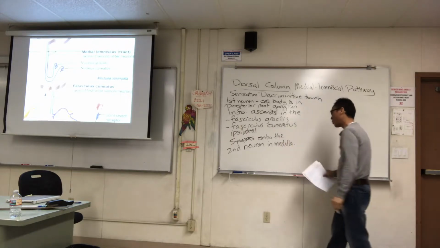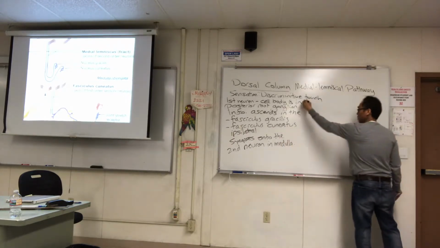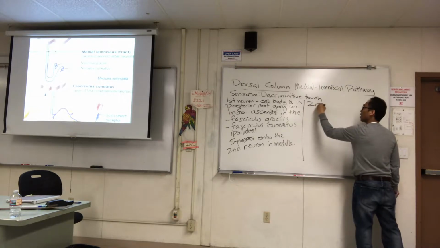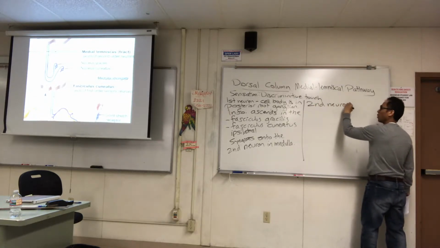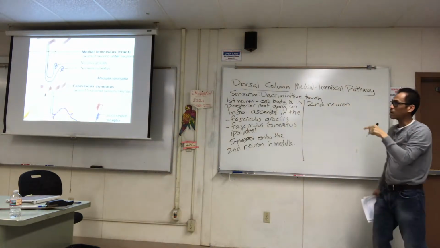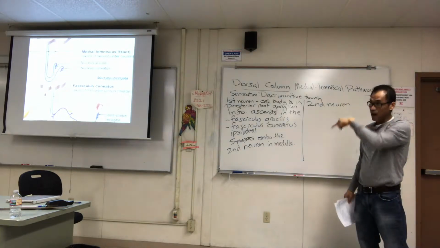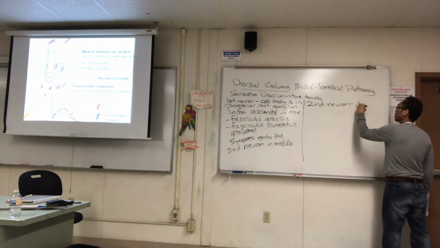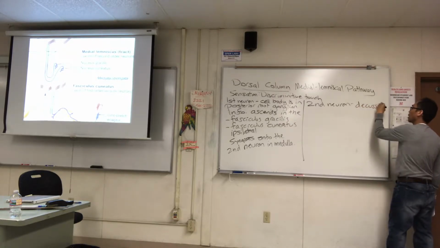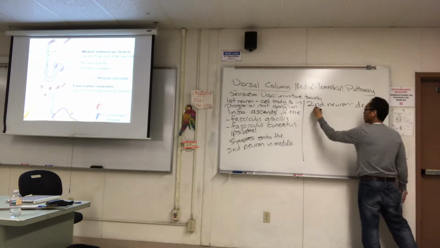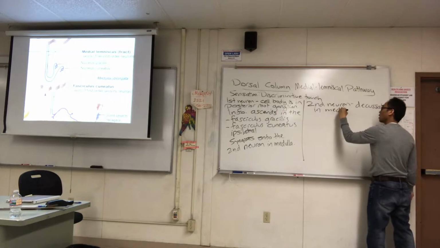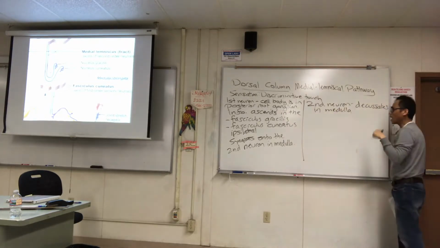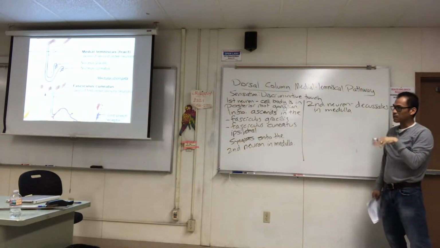So now we can follow the second neuron. What you see in the picture is the second neuron will then cross over, will decussate in the medulla. Decussates in medulla. Now the information is ascending contralateral.